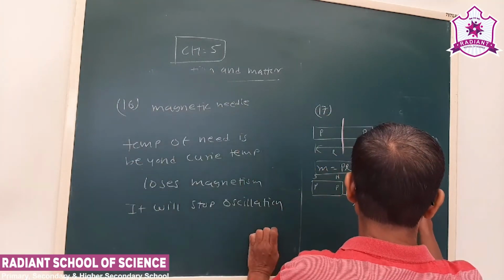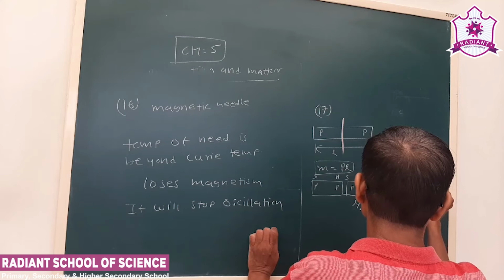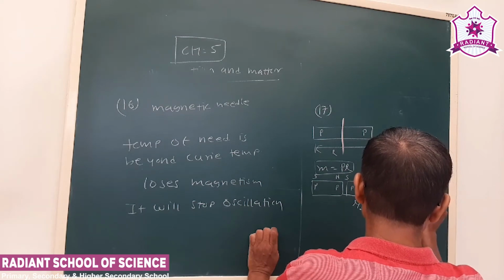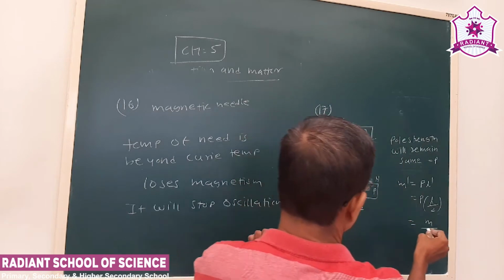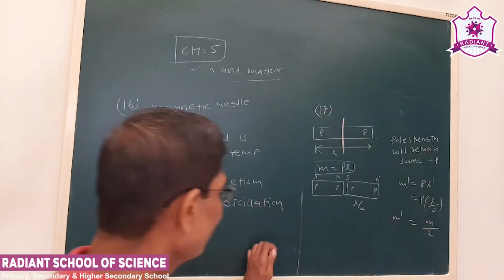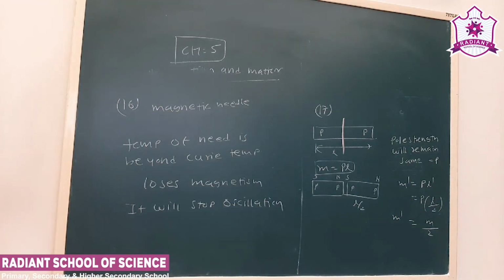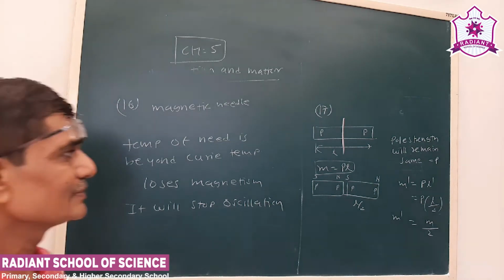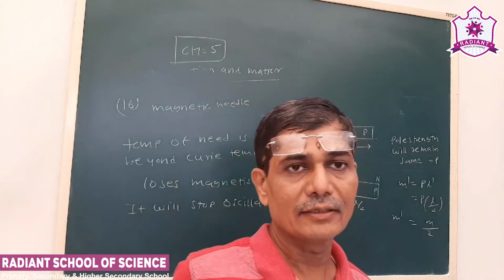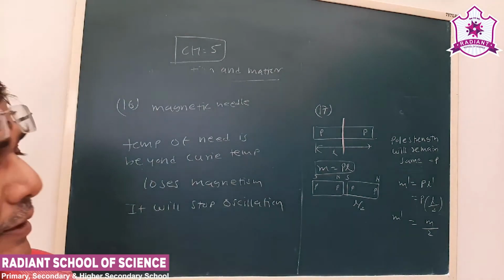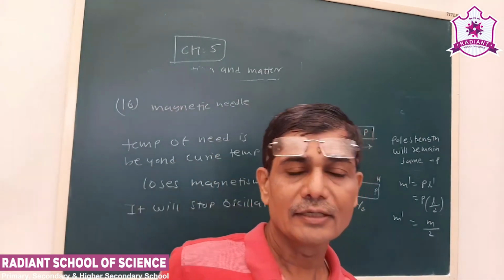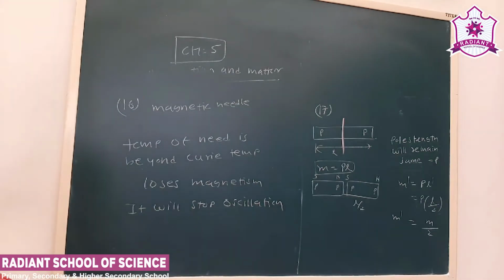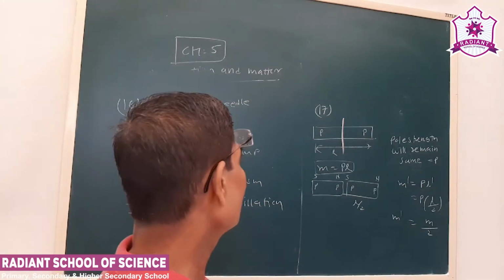M dash is P into L dash. PL is M. So the new dipole moment will be M by 2. So when a magnet is divided into two parts of equal length, perpendicular to its length, the dipole moment of each part will be M by 2.